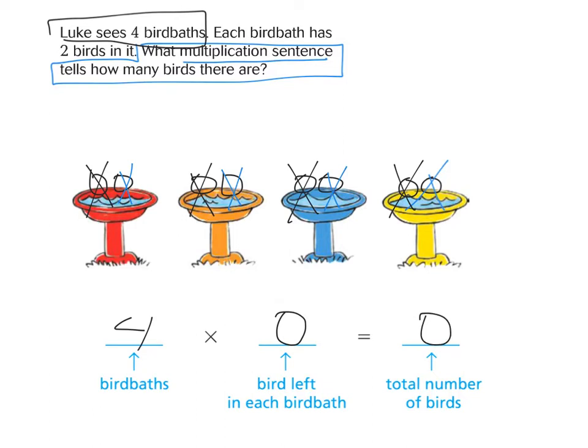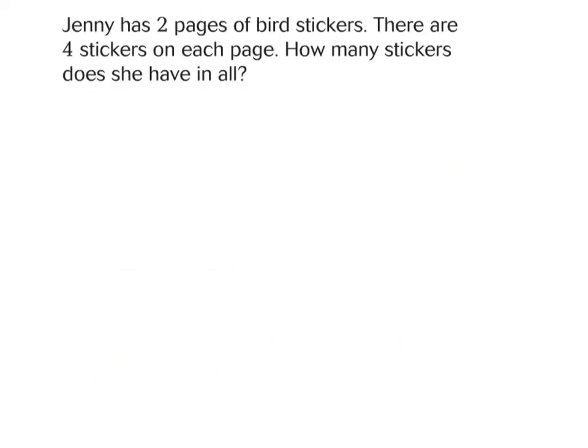So the multiplication sentence for this picture would be 4 times 0 equals 0, where 4 represents the 4 bird baths, 0 represents 0 birds in each bird bath, and another 0 would represent the total number of birds, which is 0.